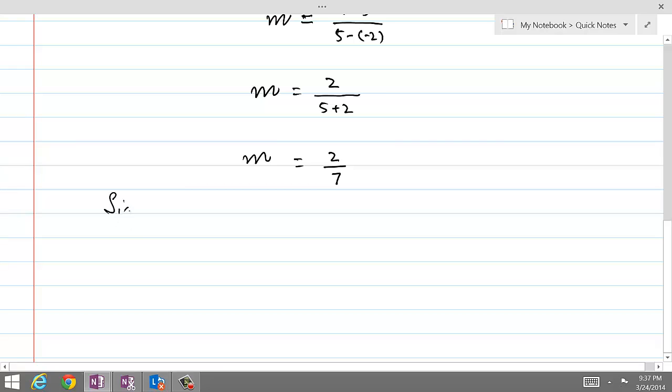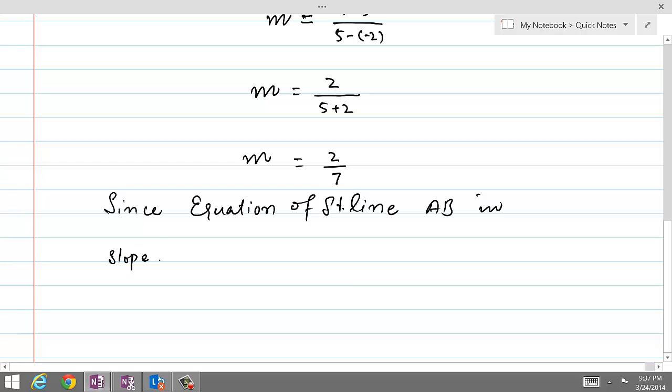Since the equation of straight line AB in slope-intercept form is y equal to mx plus c, m and c are the parameters.